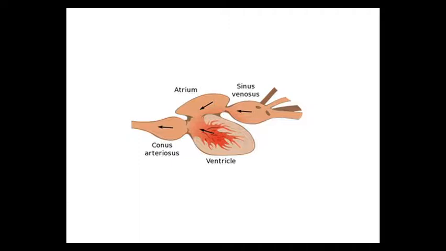The sinus venosus opens into the atrium, which is located in front of it. This atrium again opens into the ventricle through an aperture known as the atrioventricular aperture, which is guarded by valves. The ventricle is a thick-walled structure and it continues as the conus arteriosus, which is the last part of the heart.